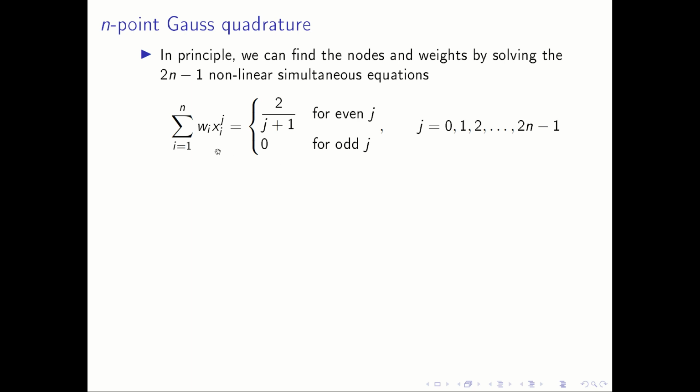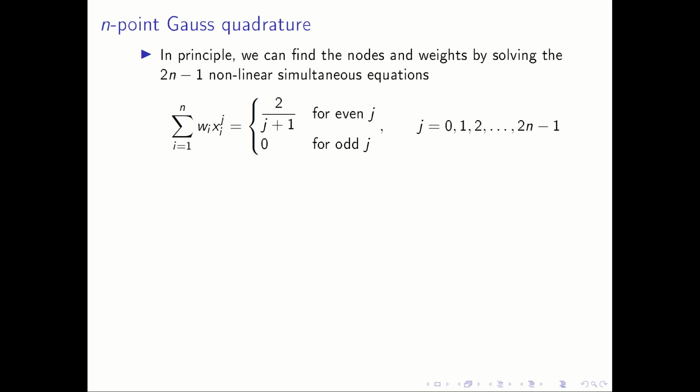In general, what I will get is the sum over all i of wi times xi to the power j, where j runs from 0, 1, 2 up to 2n minus 1, equal to 0 for odd j, because for odd j, if f of x is x to the j, the integral from minus 1 to plus 1 vanishes, and 2 by j plus 1, the exact value of the integral, for even j.